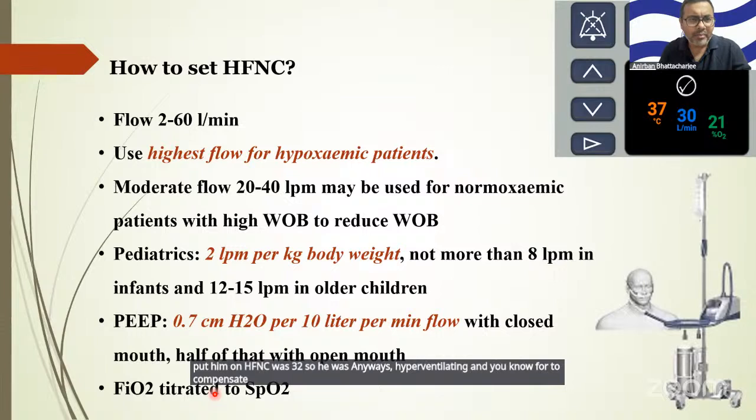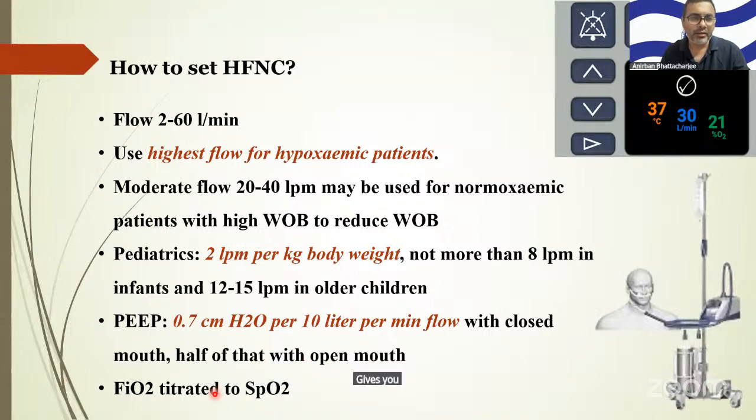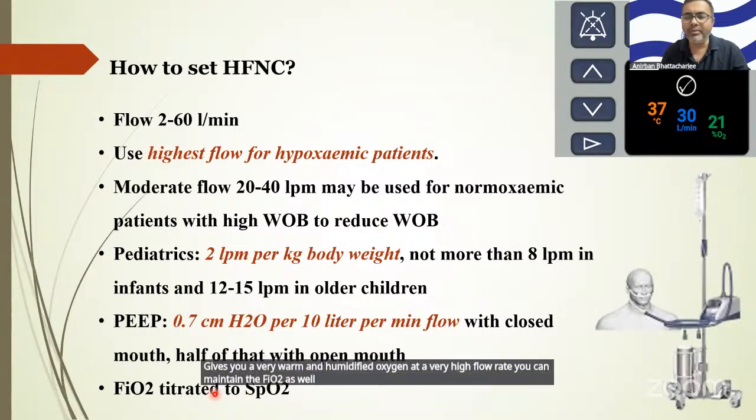So these are probably the kind of patients who would benefit more with HFNC. HFNC gives you very warm and humidified oxygen at a very high flow rate. You can maintain the FiO2 as well, and this becomes much more comfortable for the patients. Whereas on NIV, patients are hooked onto an oronasal mask, they may be claustrophobic, and they really do not need ventilation support at that point.